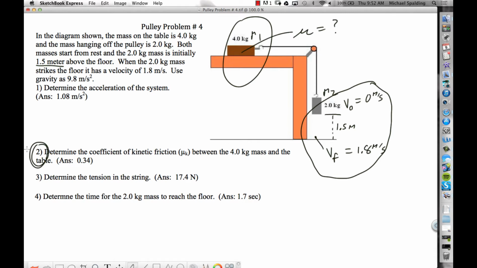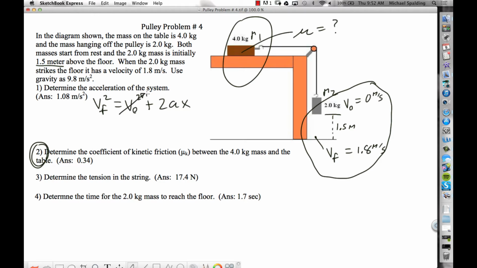If we did have the coefficient of friction between M1 and the table, then you could solve for the acceleration by using forces. But for this problem, we have to find the acceleration with a kinematic. So we're going to go like this: Vf squared equals V initial squared plus 2ax.